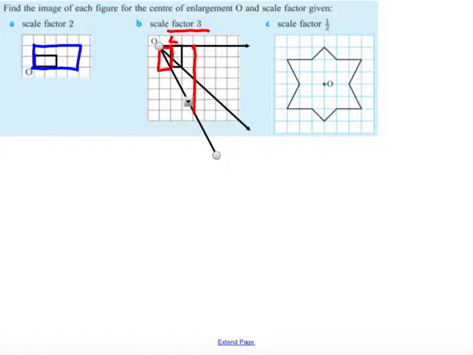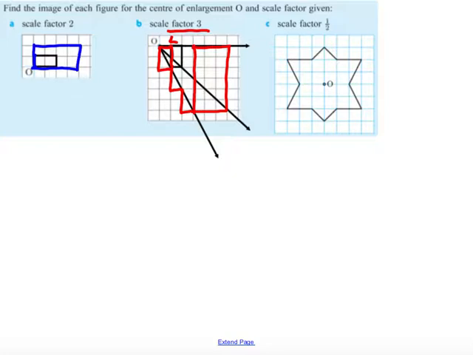So if I do that 3 times, 2 down, 3 times, I can also see that point there. And then now I have enough points where I can say that this would be the image of the previous one.